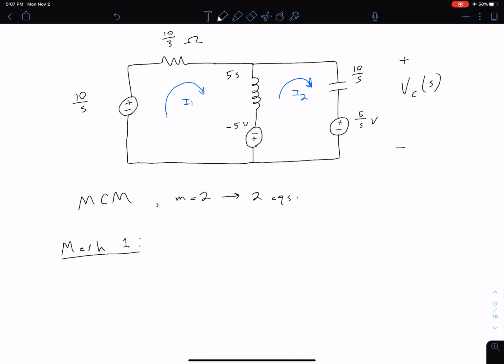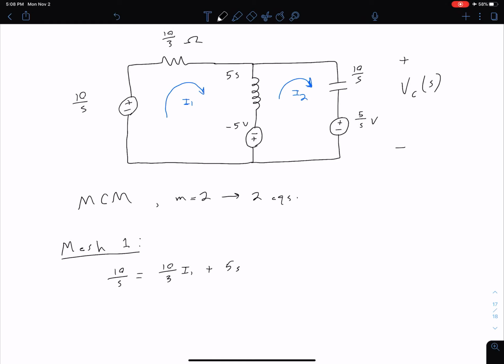So if we start, again, we can start at any point, go any direction, but let's say we start in the bottom left and move in a clockwise direction. What we're going to have is a negative 10 over S, but let's go ahead and move that to the other side and just say 10 over S is equal to, continuing around our loop, we then have a voltage of 10/3 times I1, plus, now for our inductor, we have this impedance of 5S, but it's not being multiplied by just I1.